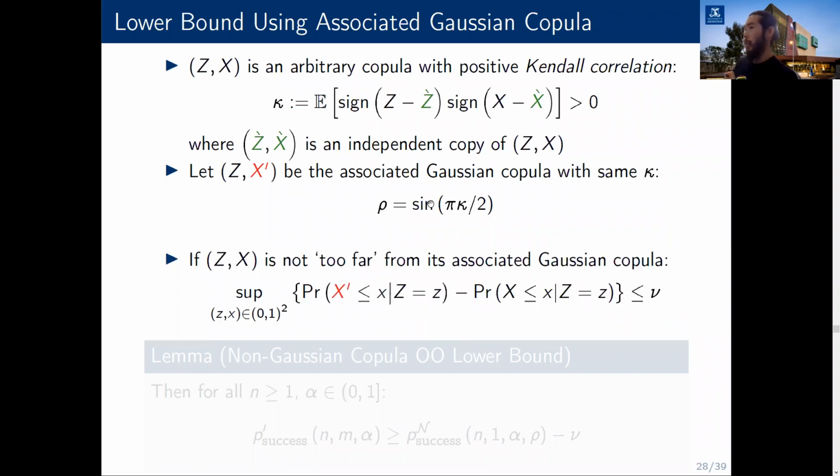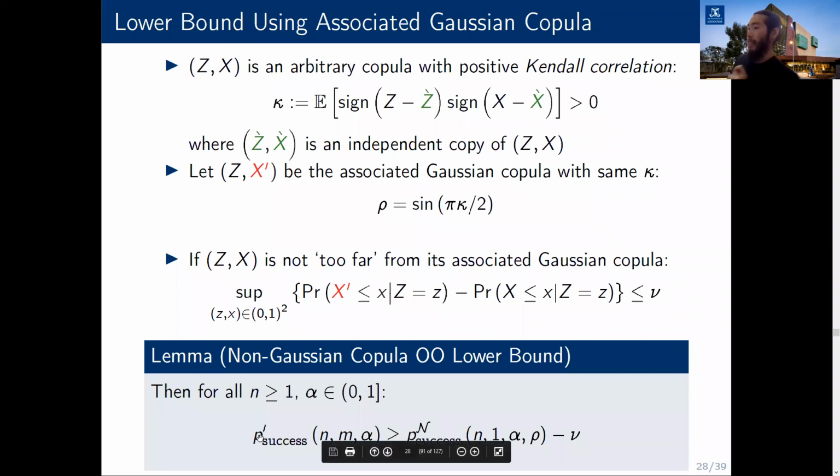Then if we give the condition that your arbitrary copula is not too far from its associated Gaussian copula via this upper bound, nu, then the success probability of this arbitrary copula is lower bounded by the success probability with the associated Gaussian copula, and also this value of nu.